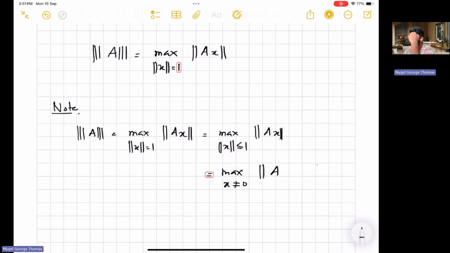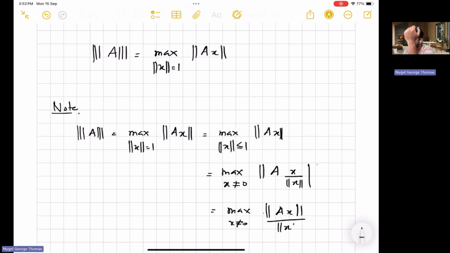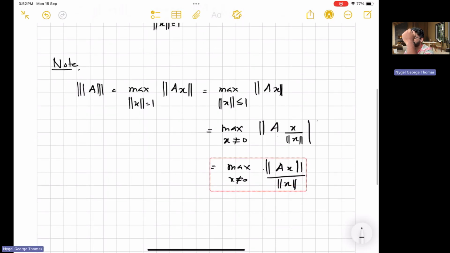For any x not equal to 0, x by norm of x has norm equal to 1. So you can modify this function like this and take norm x outside. Max over x not equal to 0 of norm of Ax divided by norm of x. If you modify the cost function, this is also another way of expressing induced norms.